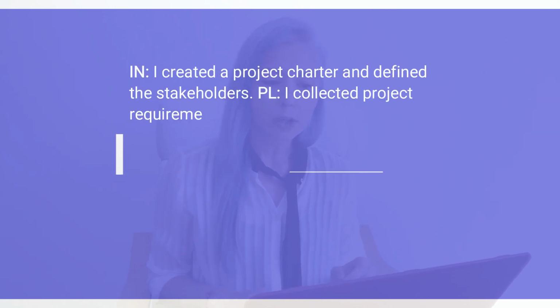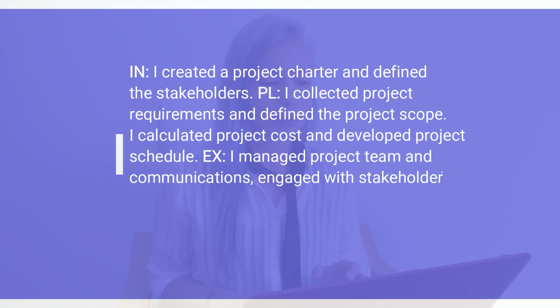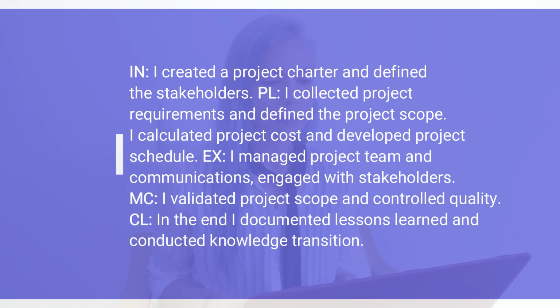Then I collected project requirements and defined the project scope. I calculated project cost and developed project schedule. During the execution phase, I managed project team and communications and engaged with stakeholders. I validated project scope and controlled quality. In the end, I documented lessons learned and conducted knowledge transition.